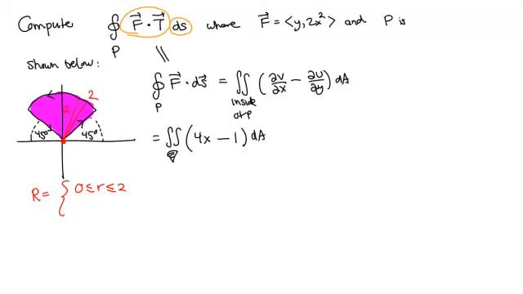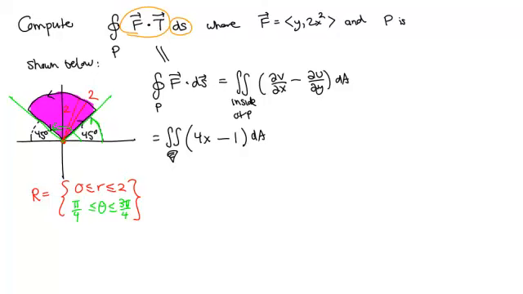On the other hand, the angles theta involved, well, the smallest angle theta will be 45 degrees. The largest angle theta will be 45 degrees in quadrant 2. And so our theta will go between a minimum of 45 degrees and a maximum of 135 degrees. And so we've got this region described in polar coordinates.